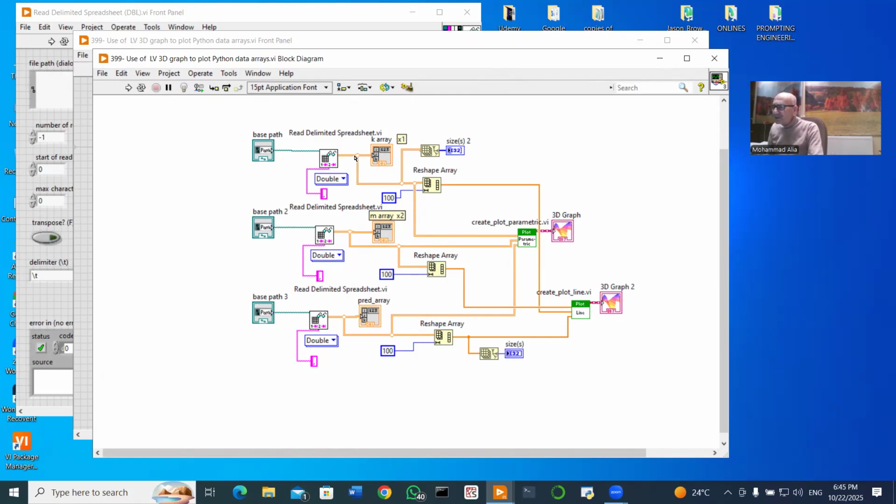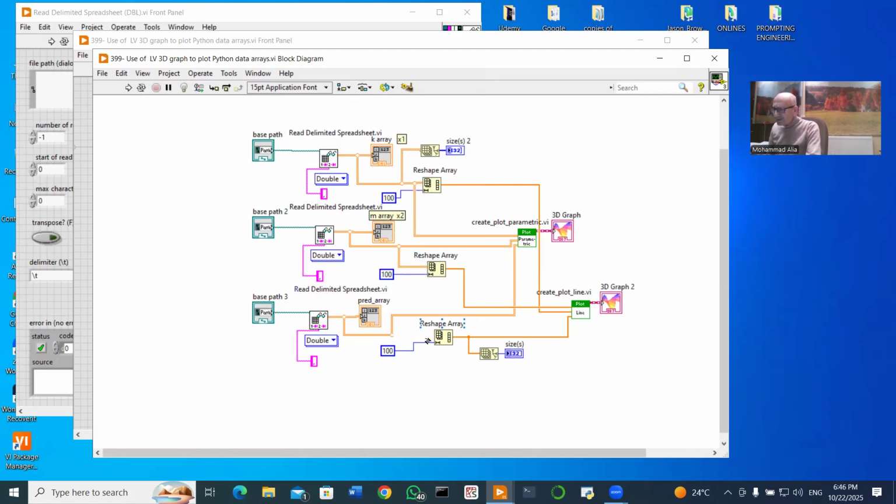This data is now taken and reshaped to a one-dimensional array. Each of the three is converted by reshaping. The number of elements in the array is 100, so reshaping requires putting the number of elements, which is 100.